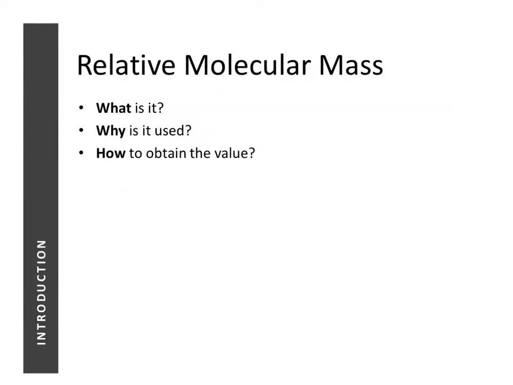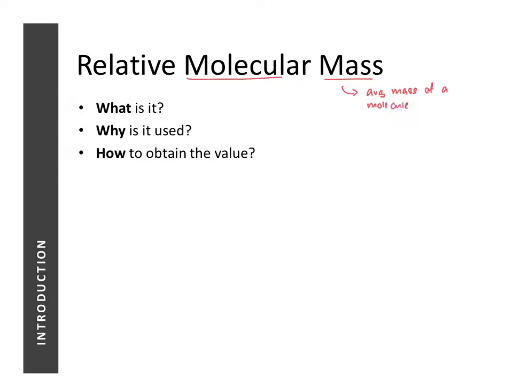Next, we will learn how to define the second term, which is relative molecular mass, and the same trick can be applied over here. So what is relative molecular mass? It is actually the average mass of a molecule.